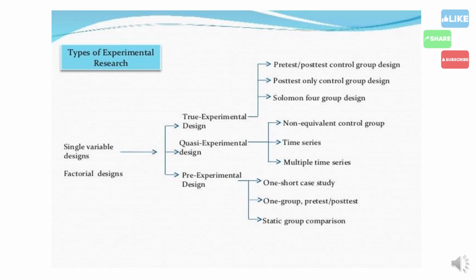True experimental design includes pre-test post-test control group design, post-test only control group design and Solomon four group design. On the other hand, we have quasi-experimental design: non-equivalent control group, time series, multiple time series. And last but not least, the pre-experimental design includes one-shot case study, one group pre-test post-test, or we can say the static group comparison.